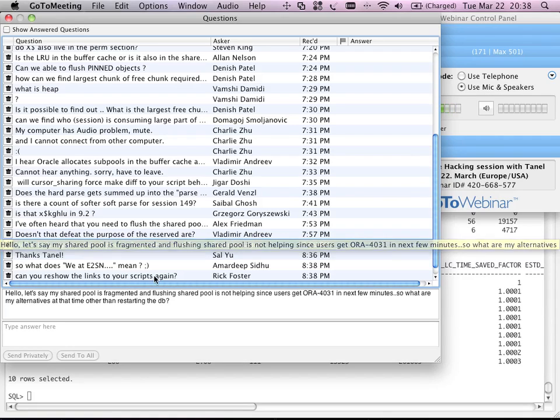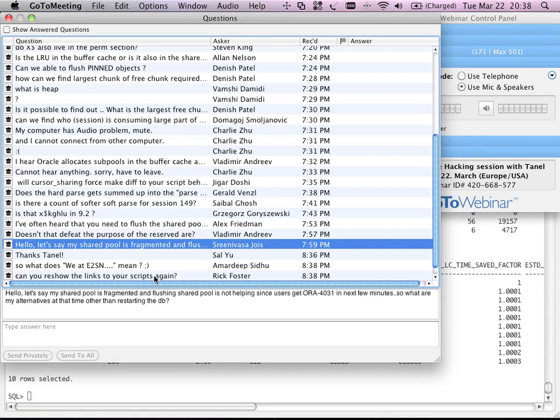I think one very good question is, okay, what if you actually hit ORA-4031s, or maybe you don't see them yet, but you already have flushing and parsing spikes and shared pool fragmentation, and you want a workaround to reach at least the evening or weekend to fix it? One of the things is flushing the shared pool.